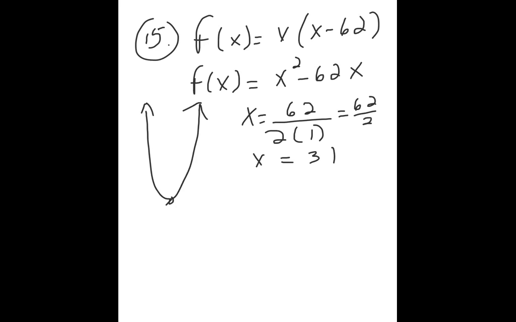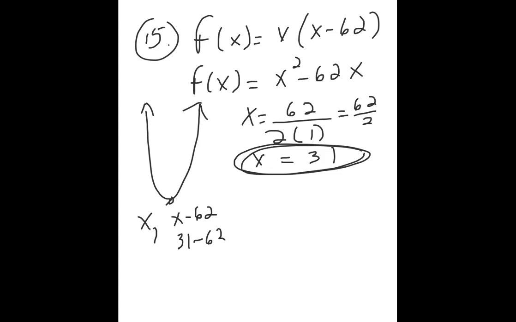Now remember, we're looking for x and x minus 62. Now think about it, guys. If the first value is 31, we want a second value. So we're just going to take that 31 and plug it in. When we work it out, we get negative 31. We want the product to be as small as possible.